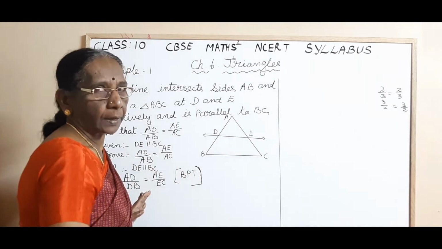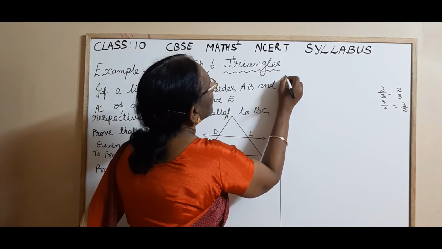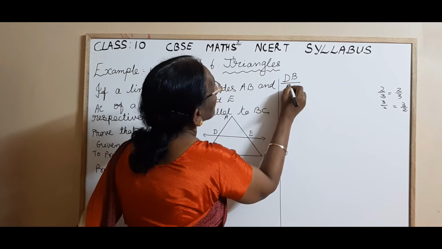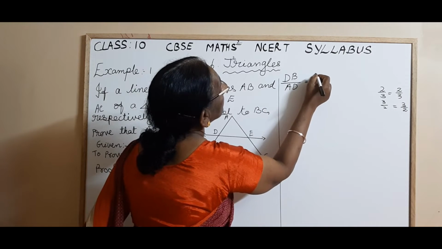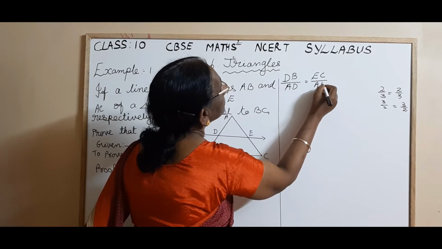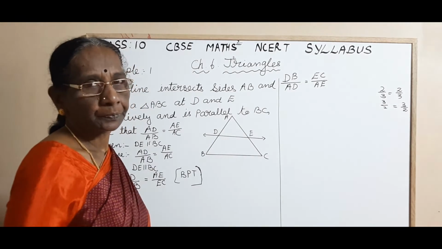Both will be equal. So, write the reciprocal. What is the reciprocal? DB by AD is equal to EC by AE. Isn't it, children? We are writing the reciprocal.